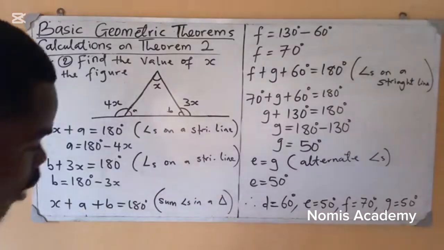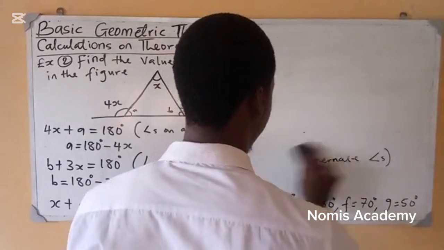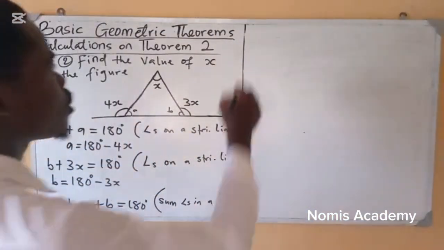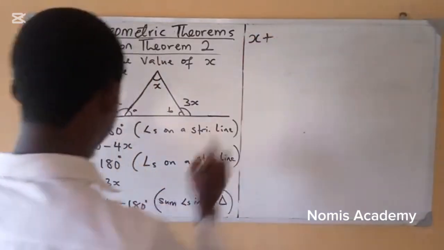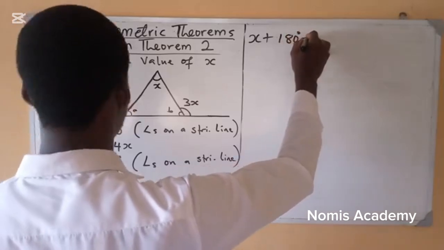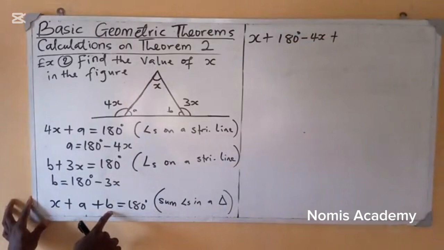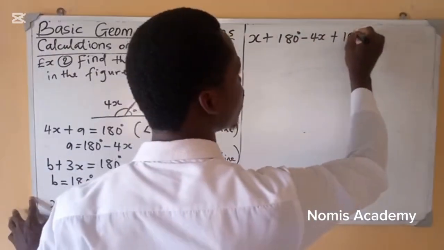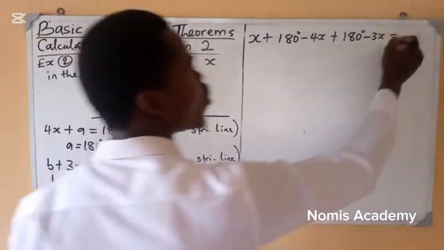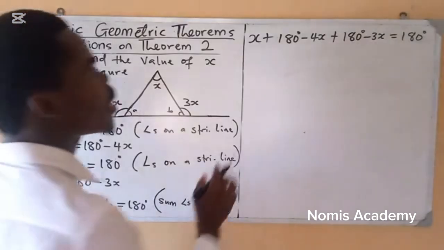So we have x plus 180 degrees minus 4x, plus 180 degrees minus 3x, equal to 180 degrees.